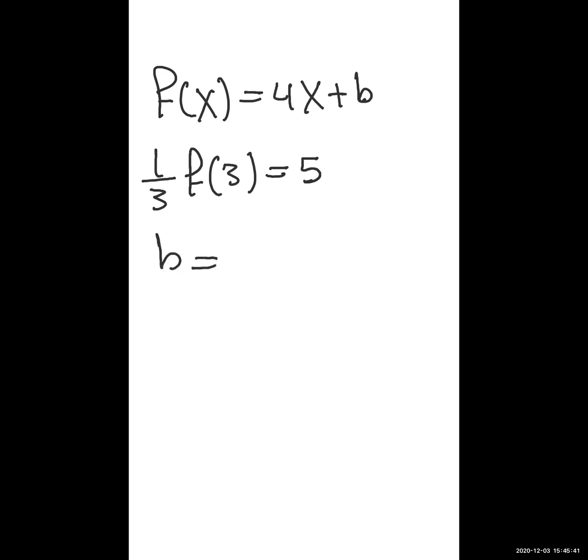B will equal dots. How to solve this one, guys? It's very easy. Now I have to get 1/3 f of 3 and make it equal to 5. F of x is here.